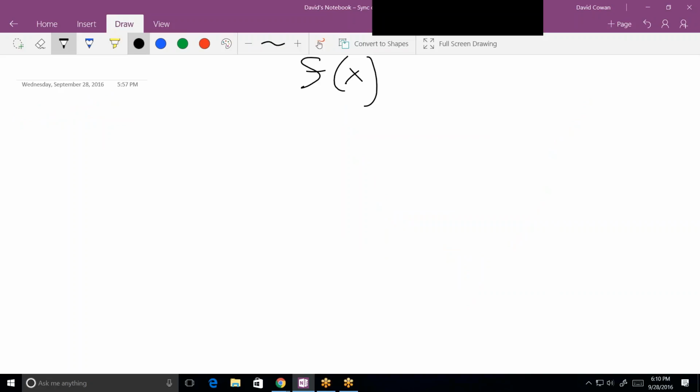We don't know what f of x is. Okay? There are 6 things you can do with that function. There's 3 vertical things and there's 3 horizontal things. Let me do the verticals first. That is a reflection over the x-axis. Okay.